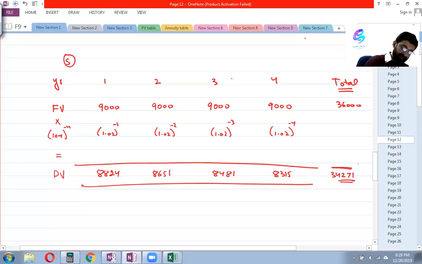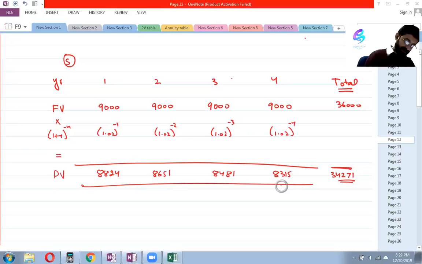So what does that mean? For the overall future value of 36,000, the overall present value will be 34,271, right? 8315, yes, this is also 8315. I'm getting the same answer. 8314, 8315, that's because of the rounding.